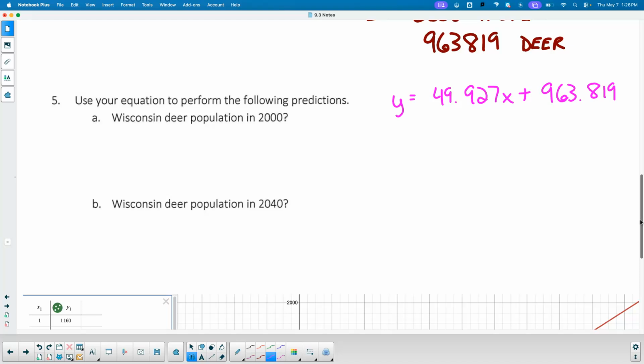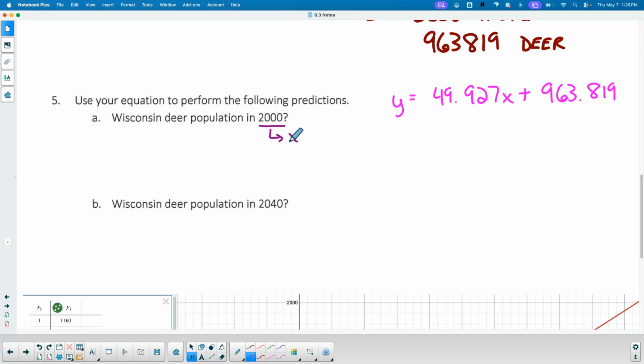What was the deer population in 2000? Well, am I going to input an X value or a Y value? An X, okay. So in the year 2000, what is my X value? X equals -8?